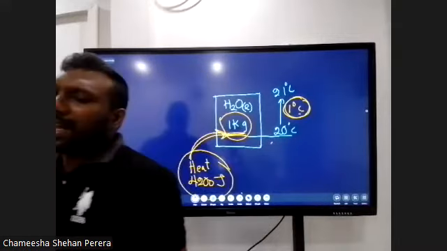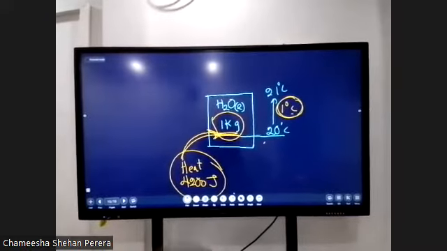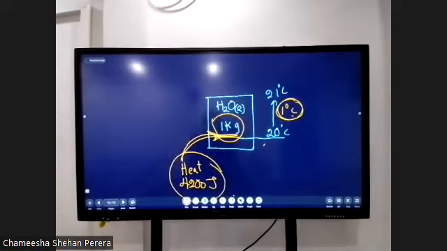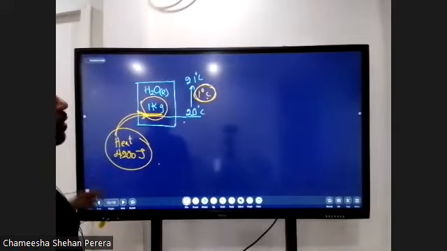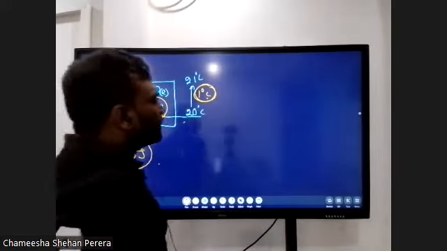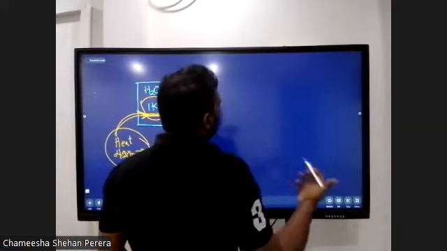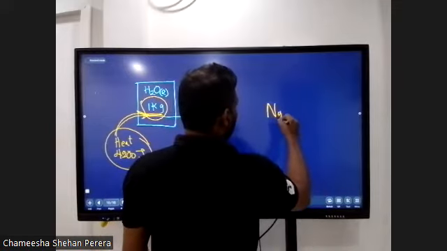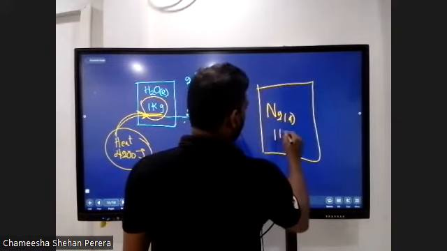What's your idea, Ellie? Specific heat capacity of water means, to increase the temperature of 1 kilo of water by 1 unit you need 4,200 joules. Do you think other chemicals would also have the same specific heat capacity? Imagine you have 1 kilo of nitrogen gas.